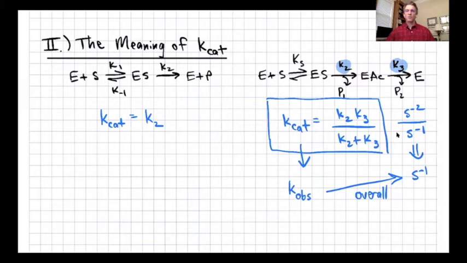Under certain circumstances, you can, like I said, assign it to a single step. So for example, if we had a mechanism that was complex in the same way as the chymotrypsin mechanism, this isn't true, but let's say we had something of similar design where K3 was much smaller than K2.